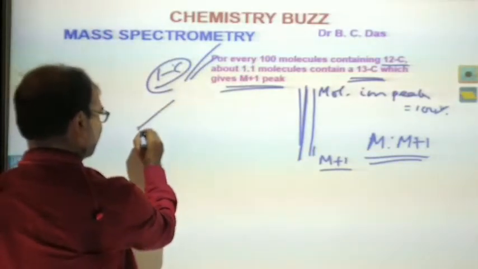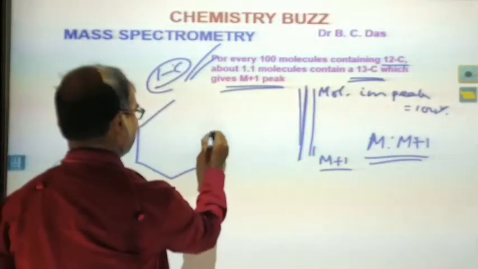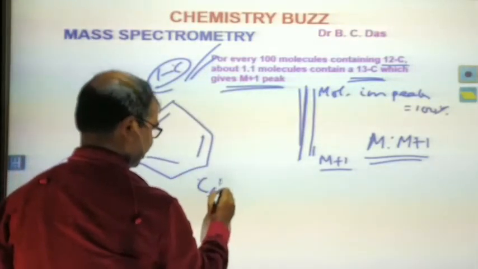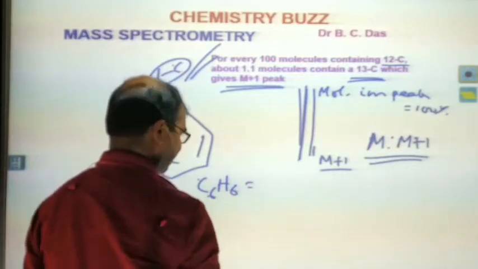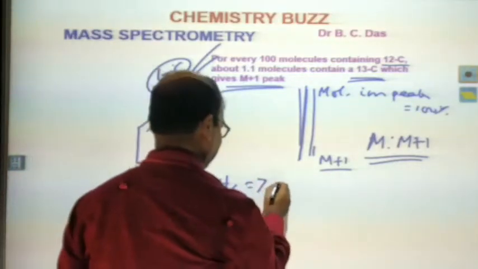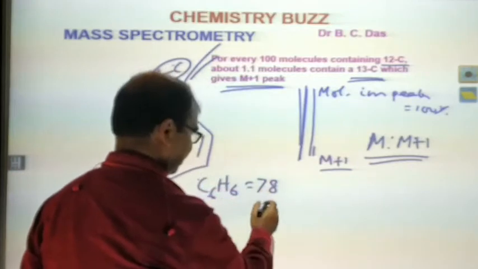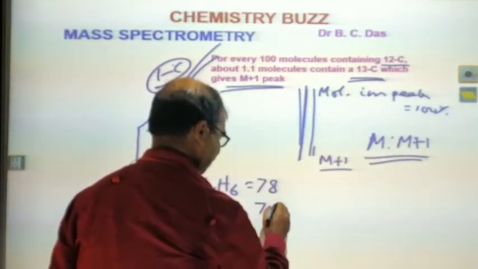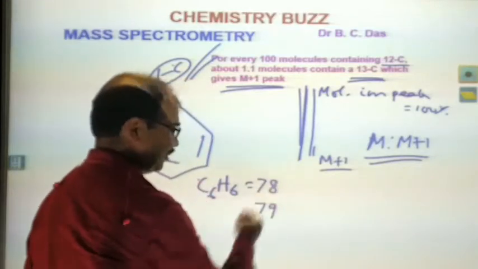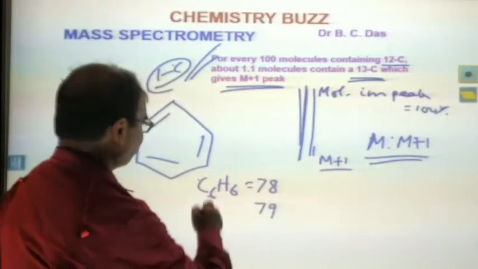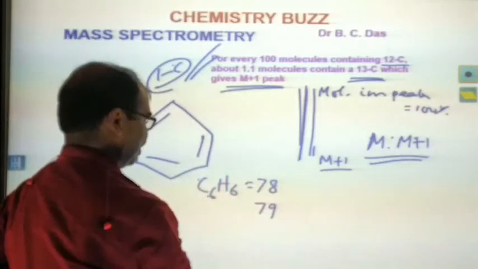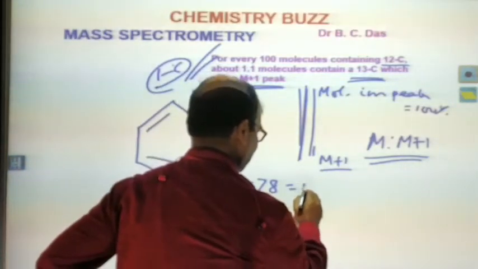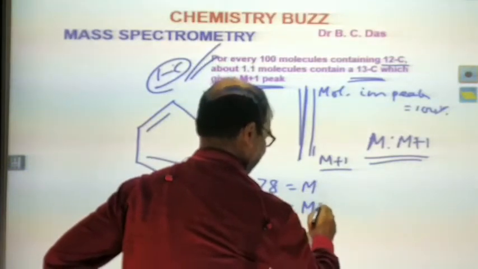Say we have the simplest example, benzene, C6H6, mass number 78. It will give the M peak and the M+1 peak, that is 78 and 79. Suppose this is M and this is M+1.